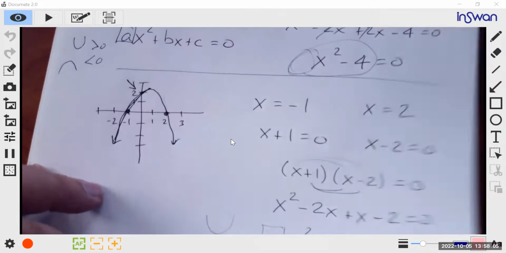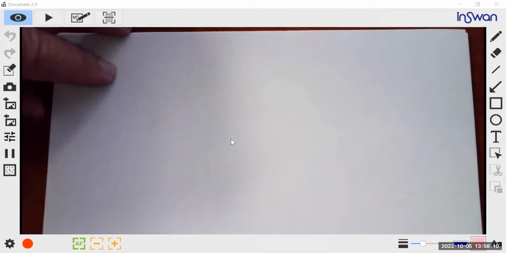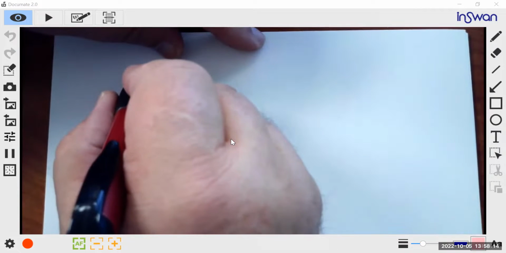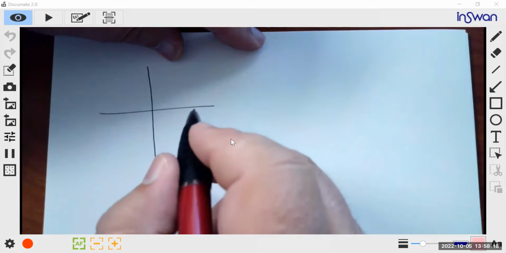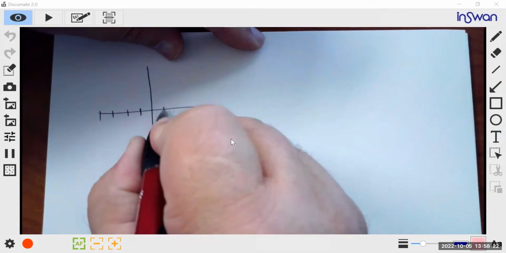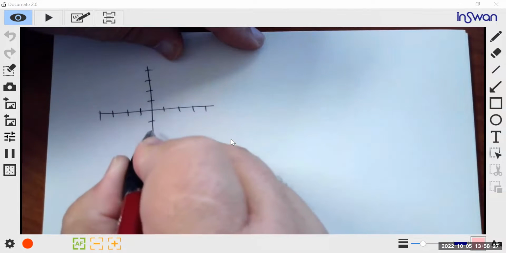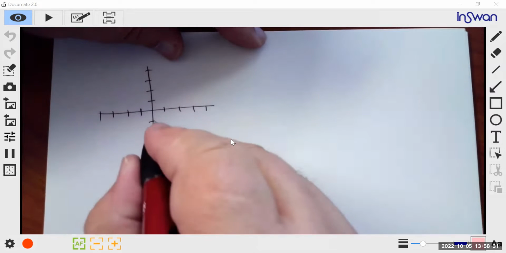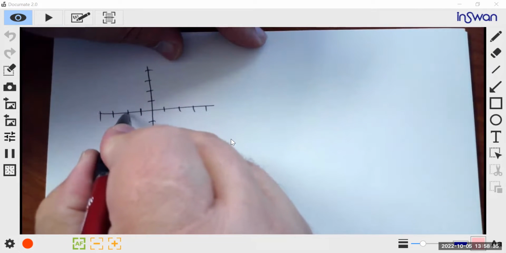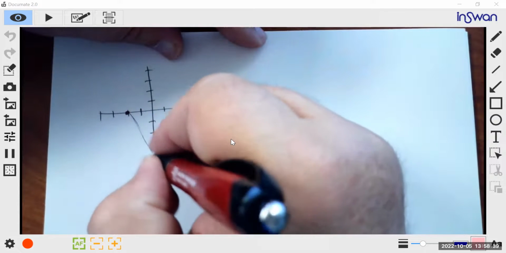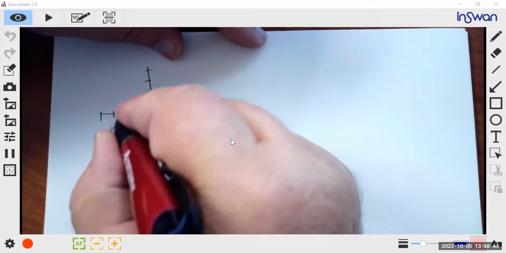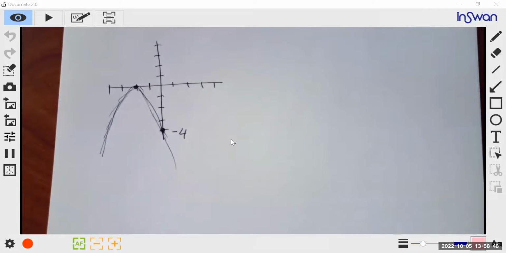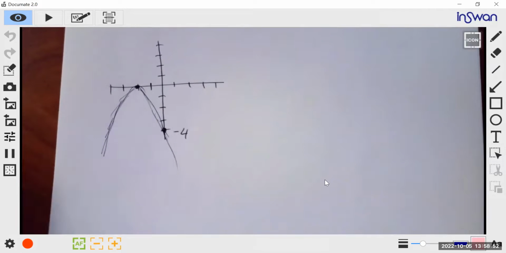One more. How about this one? What do you think we start with this one?